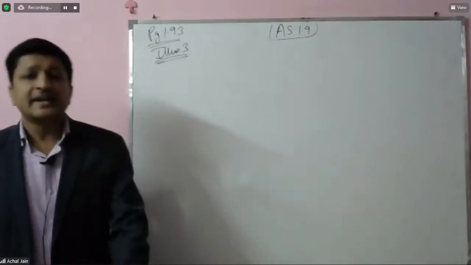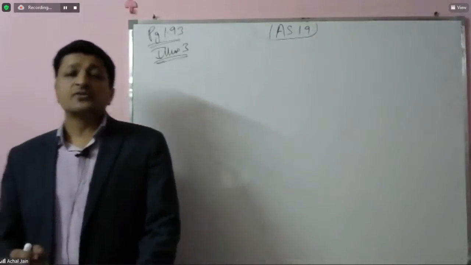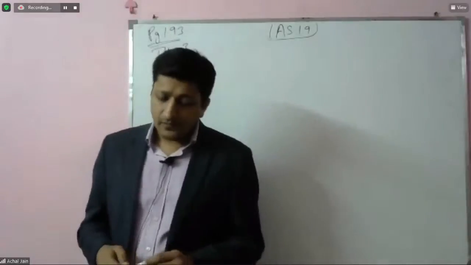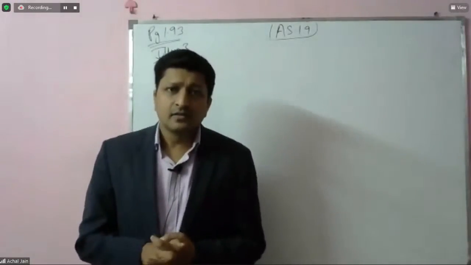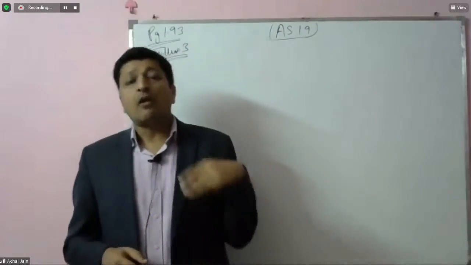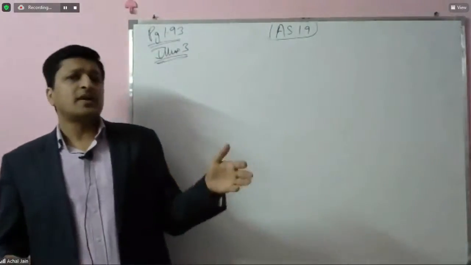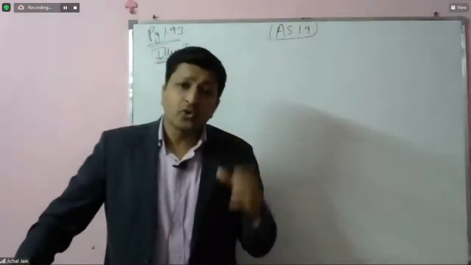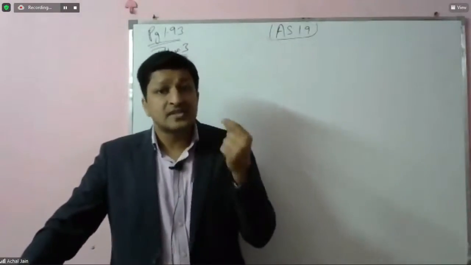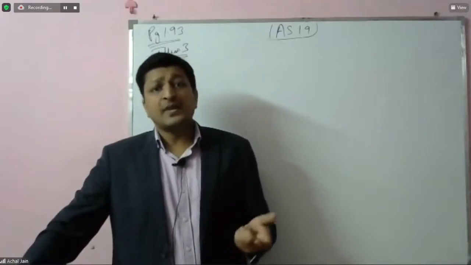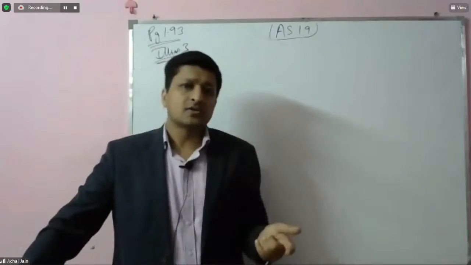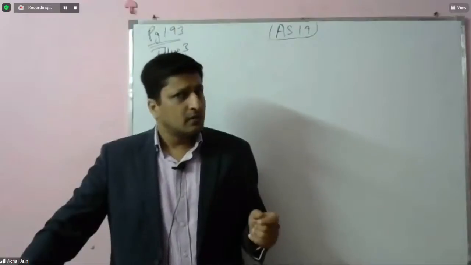In case of sale and leaseback, one thing which you would have understood is that we are not focusing on the accounting of lease. Why? Because we have already discussed how the lease will be recorded, whether it's operating lease or finance. We are focusing on the accounting of sale, which has happened and which may have resulted in a profit or loss. Okay, clear?